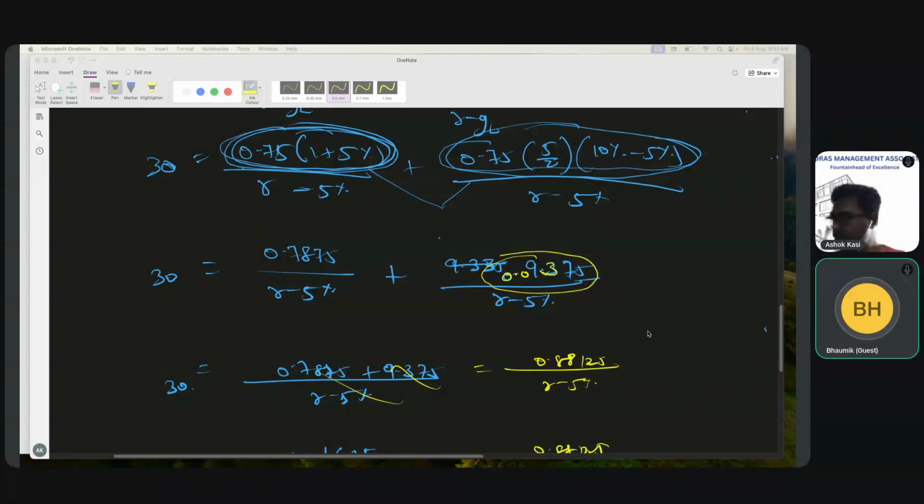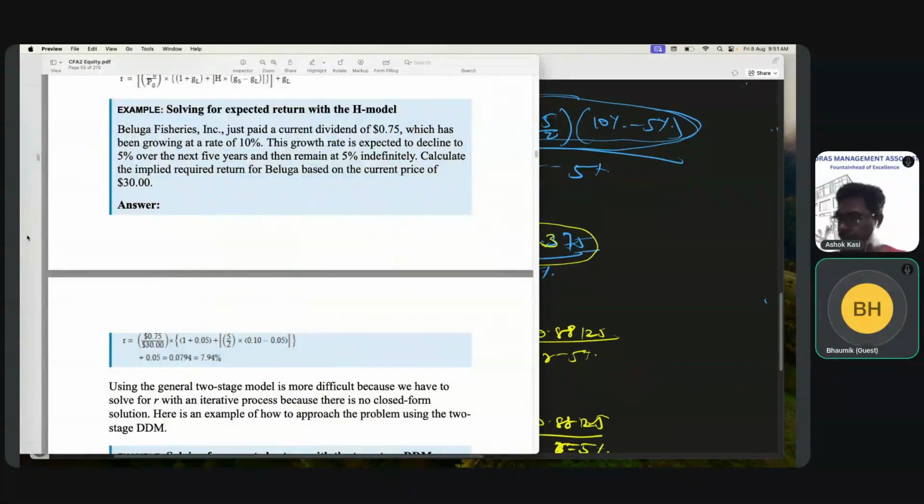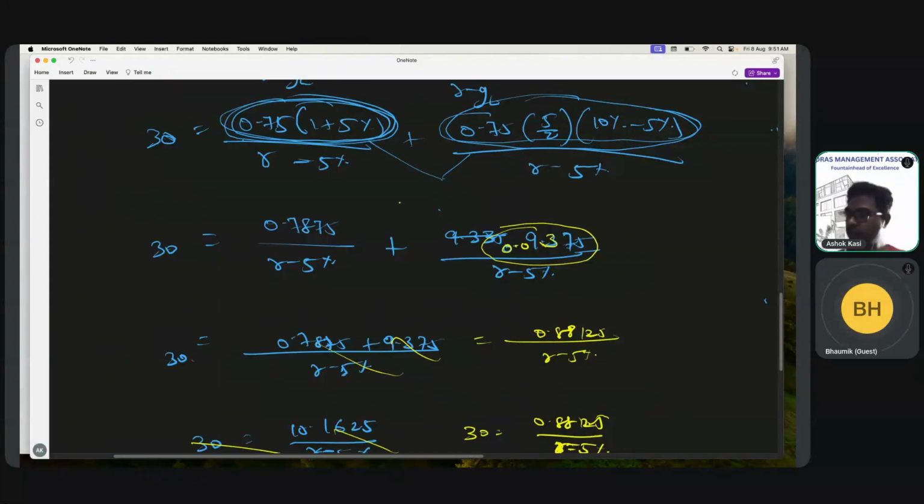Okay. So without that new formula, you can do this with the H model original formula itself. Okay.